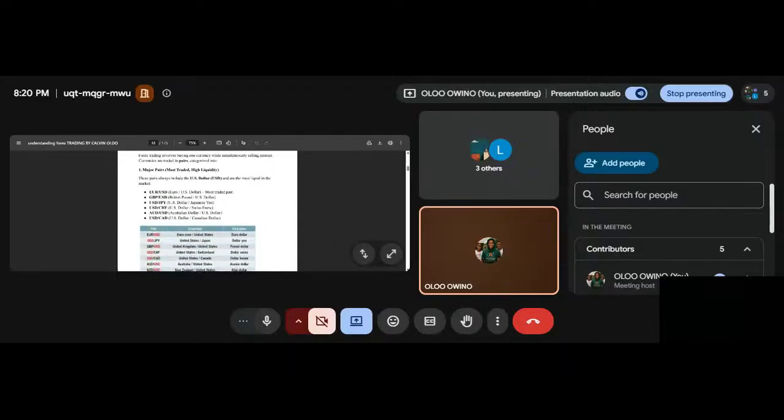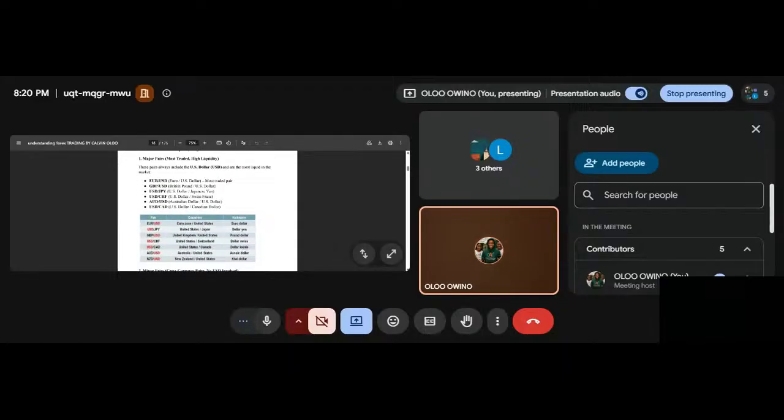Now, let's talk about the minor pairs. Minor pairs are cross currency pairs, or they have no USD involved. As I was asking, Lydia gave us an example of a minor pair. So, Lydia, you can just still give us your answer. Name one minor pair that you know.